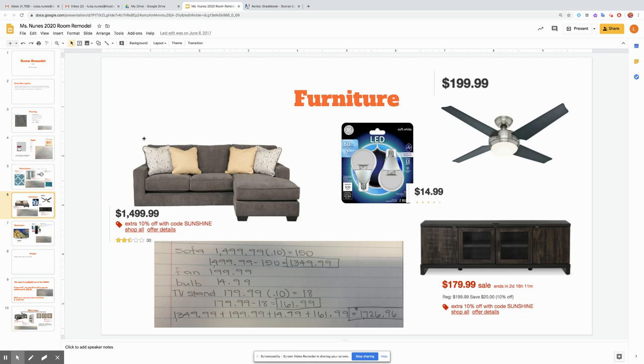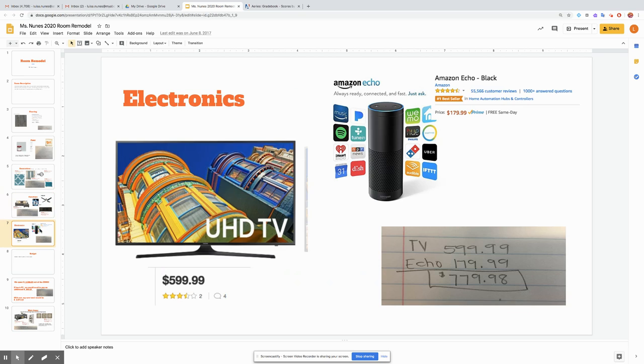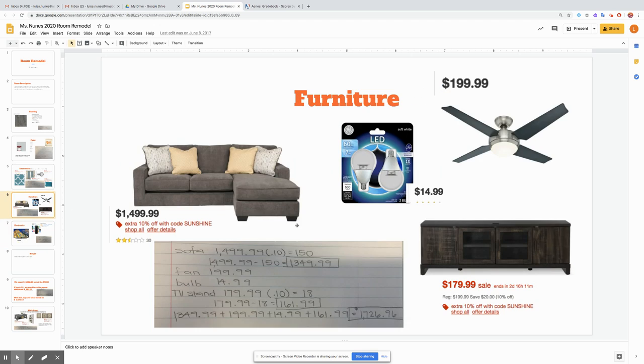So I want you to really make sure that depending on what type of room you're making, you're thinking about all those things. I did electronics, so I added a TV. I didn't need to get a stand because I am using this furniture piece here to put that on top of. A lot of you, I notice, are creating gaming rooms, so you're going to want to get maybe a TV mount or something to put the TV on top of.